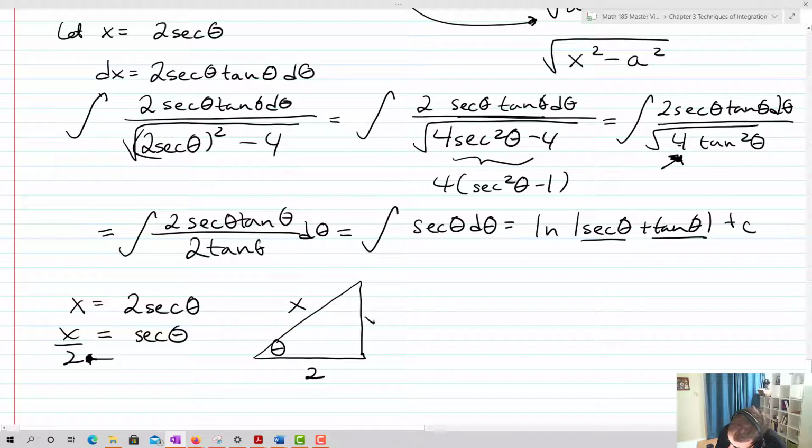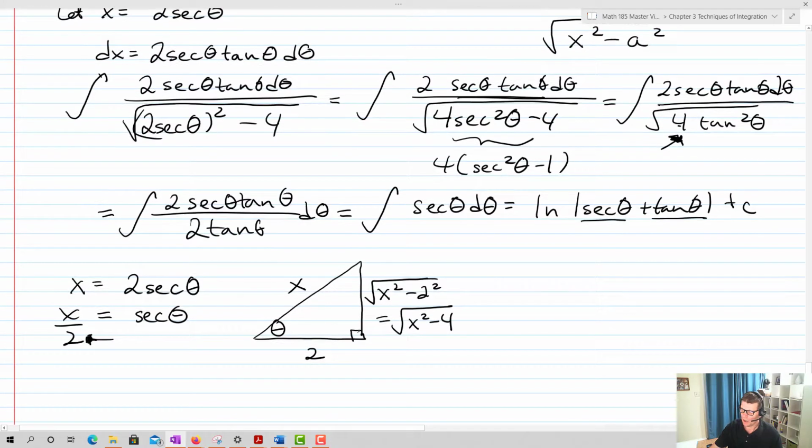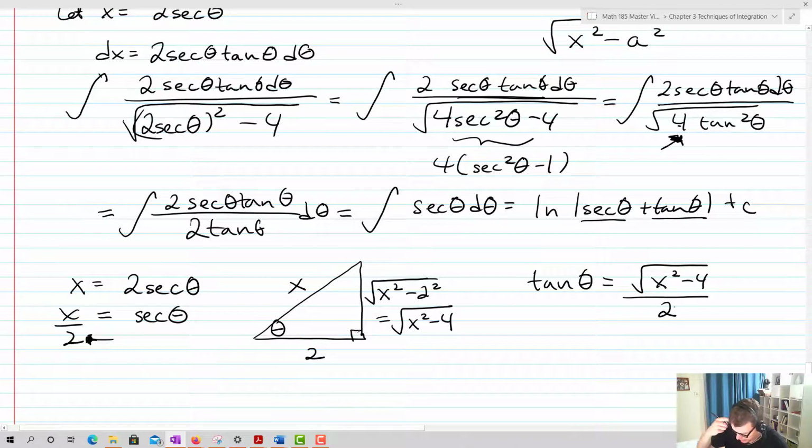And then this is going to be the square root of x squared minus 2 squared, which equals the square root of x squared minus 4 by the Pythagorean theorem, because remember, that's a right triangle. So tangent theta now is going to equal the opposite, the square root of x squared minus 4, divided by the adjacent, which is 2.